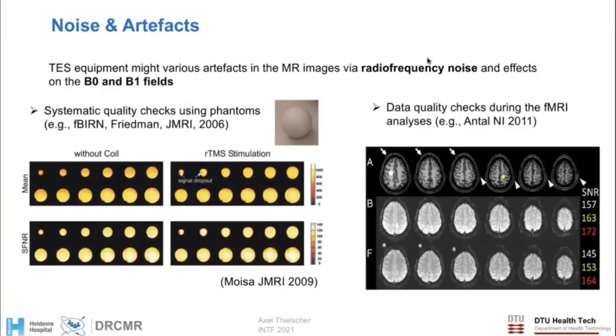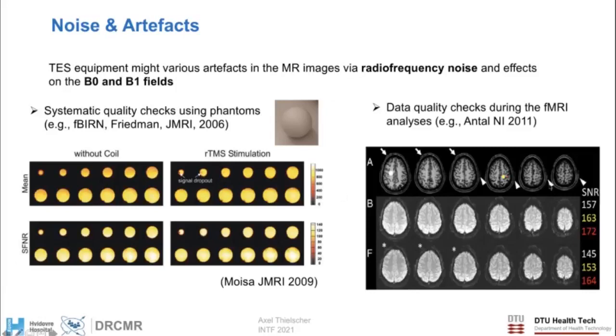You have a very controlled geometry also, so you can nicely pick up these effects. On the second row, that's the SFNR, how they define it, which is just the SNR, the temporal stability of the signal. And this is a main parameter of interest to ensure that the fMRI recordings are stable.